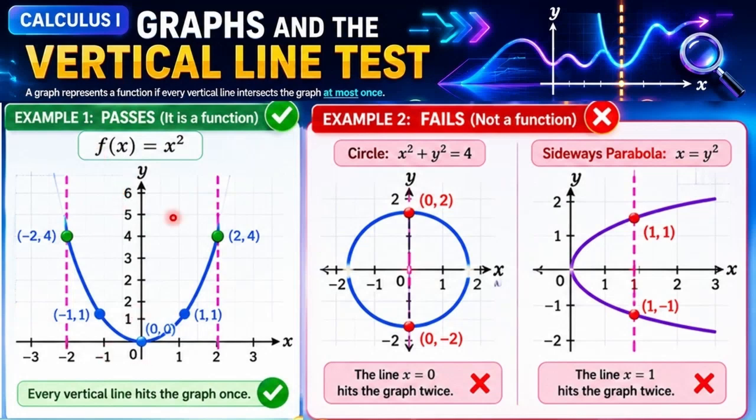Imagine drawing vertical lines through the graph. If any vertical line intersects the graph more than once, the graph does not represent a function. If every vertical line intersects the graph at most once, then the graph represents a function. This test provides a quick and reliable way to identify functions from their graphs.